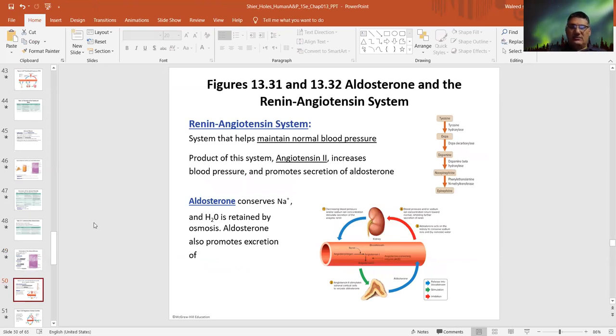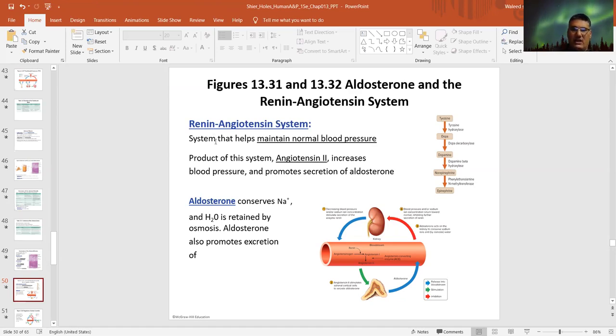Next part is renin. Renin is a hormone that's secreted from the kidney. When your blood volume goes down for some reason, like dehydration or you lost some blood, less oxygen goes to the kidney, and it responds by secreting something called renin.